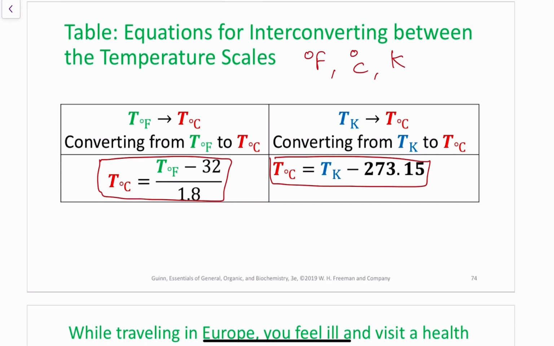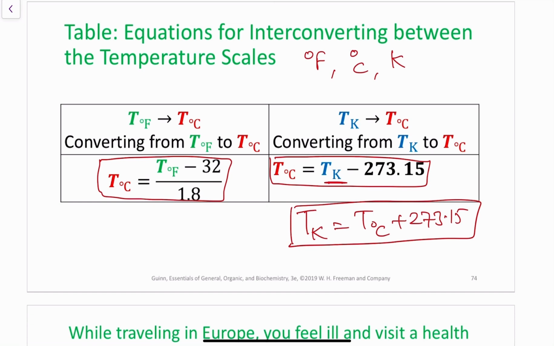And if we have to convert a degree Celsius to Kelvin or Kelvin to degree Celsius, then we're going to use this conversion factor, right? To get the Kelvin, you write the degree Celsius and add 273.15 to it.